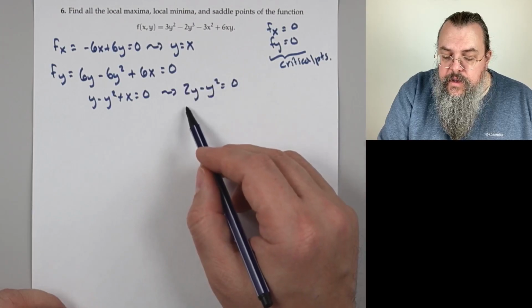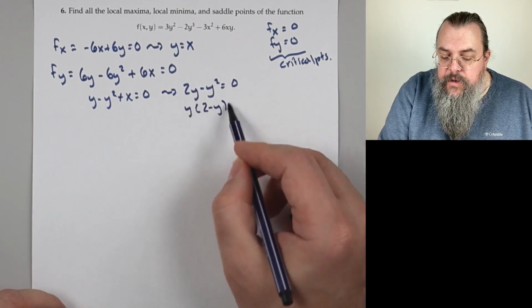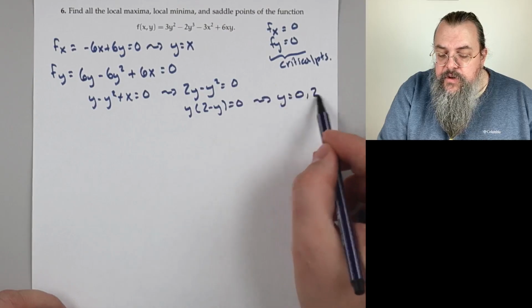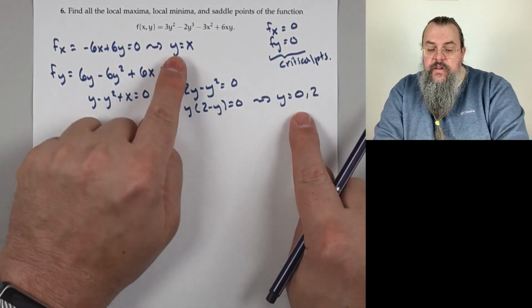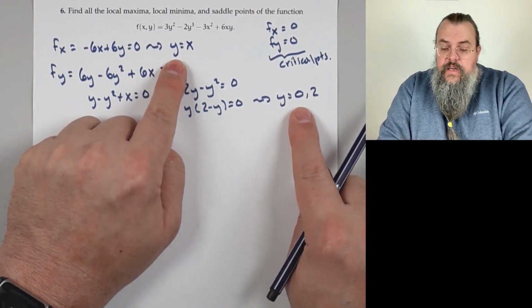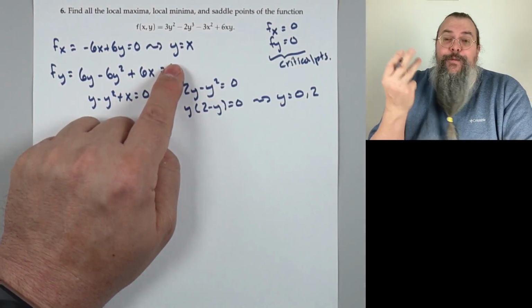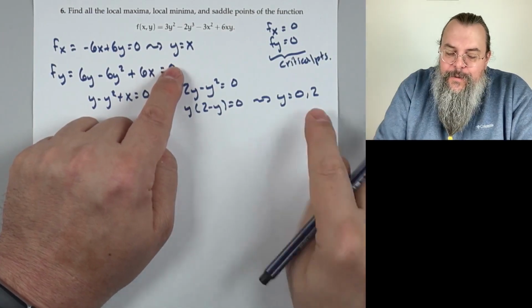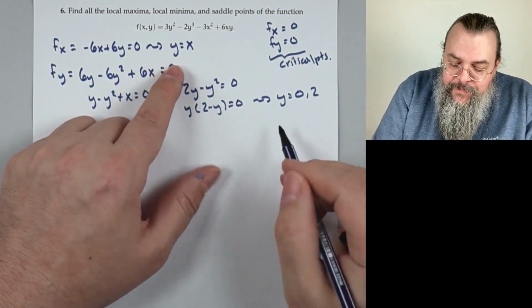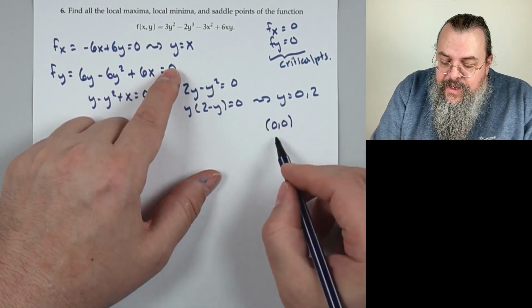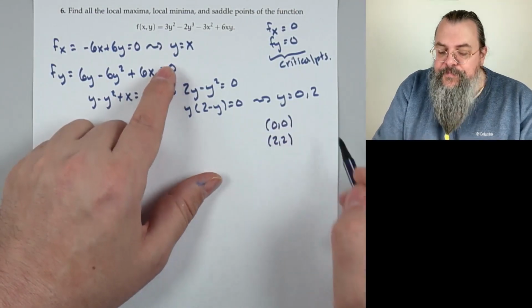Or you can say that's the same as y times (2 minus y) equals 0, which says y has to be 0 or 2. Now, remember, since y and x are the same, we have to get points. So our critical points are at (0,0) and at (2,2).